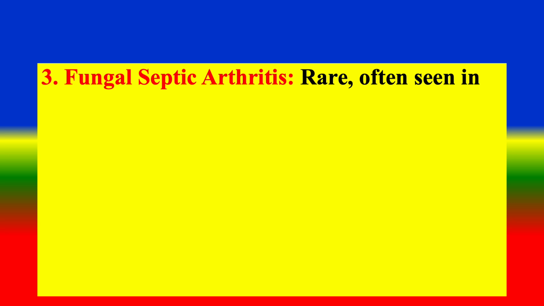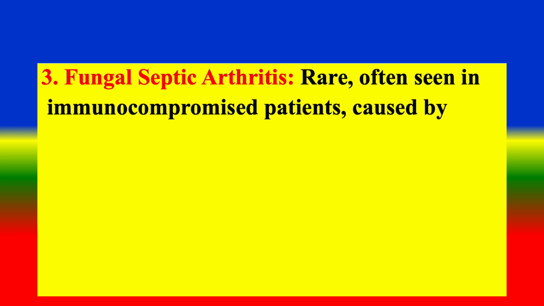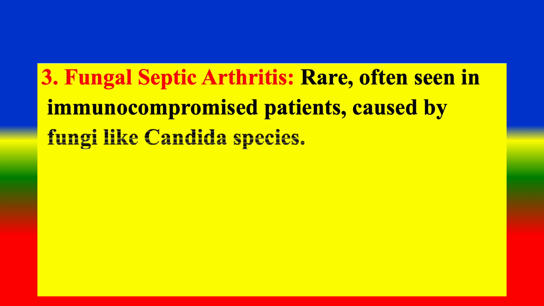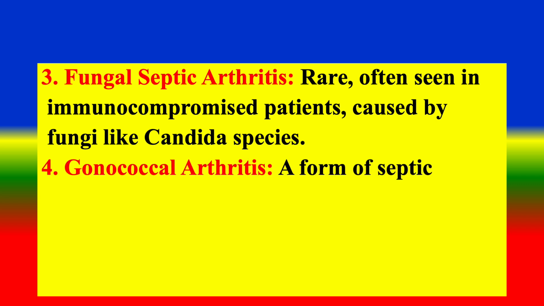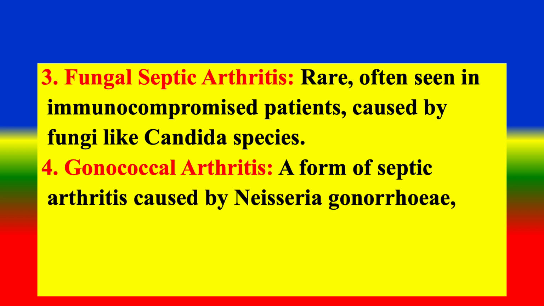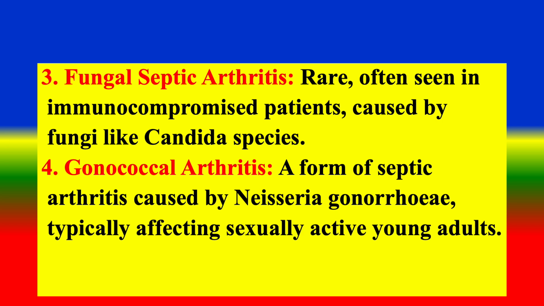Fungal septic arthritis, rare, often seen in immunocompromised patients, caused by fungi like Candida species. 4. Gonococcal arthritis, a form of septic arthritis caused by Neisseria gonorrhoeae, typically affecting sexually active young adults.